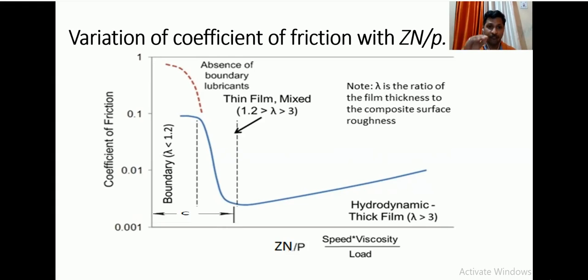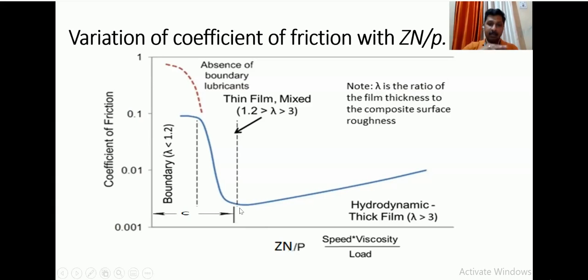That means the fluid film has not been developed fully between the bearing and the journal. So when the friction has started increasing again, that means there is a complete development of fluid film and there is only fluid friction.